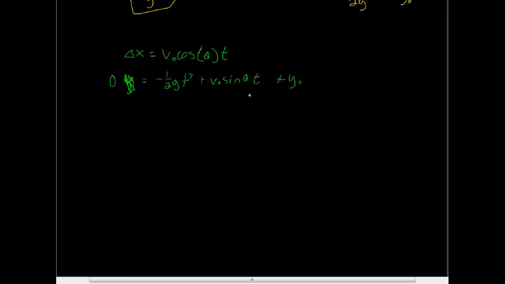So in order to solve this, we can't factor out t like we did last time or anything like that. What I am going to do is flip it so that the a term is positive, because if we don't do that, the quadratic formula, which is what we're going to use, is going to produce an answer that doesn't make much sense. And that's something that you might want to try out in your spare time.